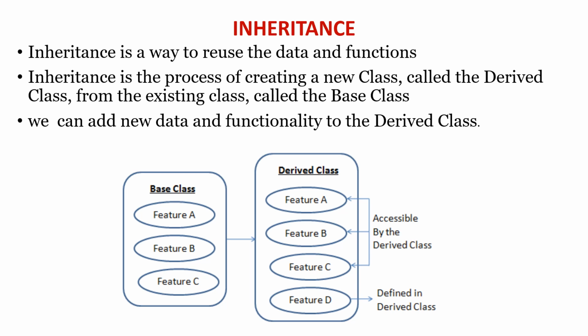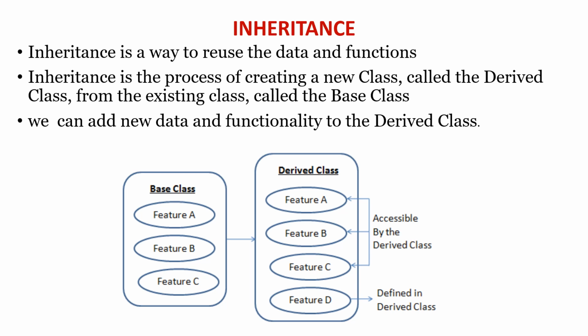Inheritance is a concept of object-oriented programming to implement reusability. Inheritance is a process of creating a new class from an old class. The new class is called the derived class and the old class is called the base class. In this diagram, we have a base class and a derived class.